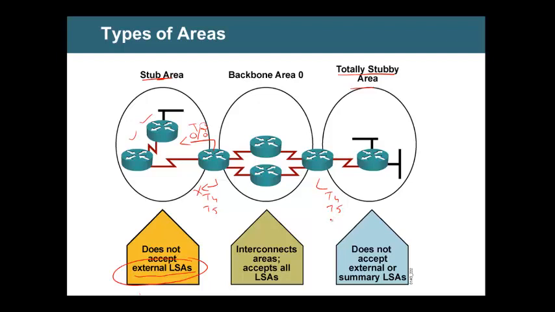So now this will inject again a type 3 default route, which will be used to ping inter-area as well as external. What is the advantage? Your routing table is smaller, the advertisements coming inside are less, and as a result, the efficiency of the network goes higher.